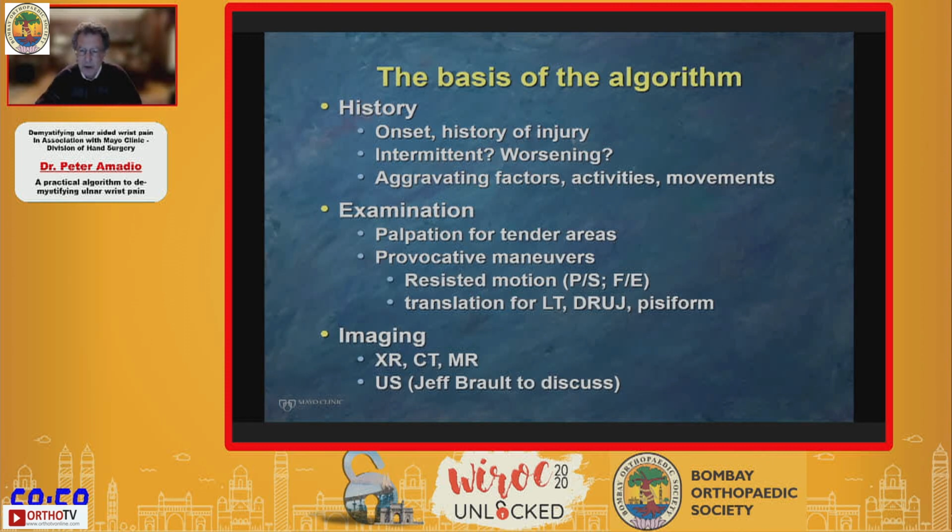Just depends on where you're doing it, whether you're taking the distal ulna and trying to move it against the distal radius, or you're taking the lunate and doing this against the triquetrum, or whether you're taking the pisiform and moving it against the triquetrum. So that's really pretty simple as far as the physical examination test that you do. And then there's imaging, of course, X-ray, CT, MR, and I'll leave Jeff to talk about the ultrasound.